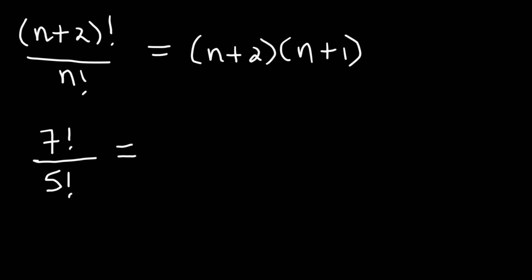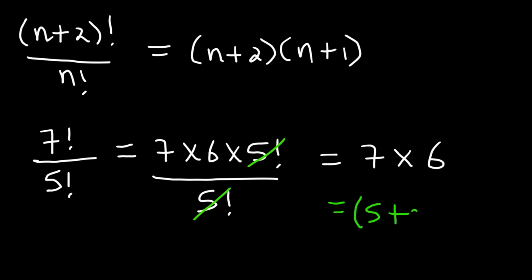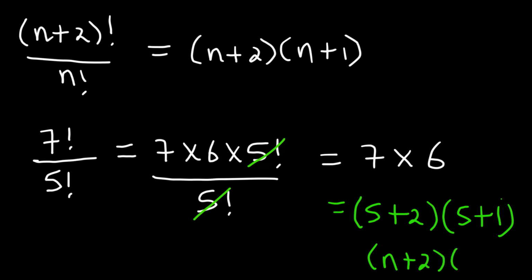Therefore 7 factorial is the same as 7 times 6 times 5 factorial, divided by 5 factorial. This will cancel with that, and so we shall remain with 7 times 6. And notice that 7 is the same as 5 plus 2, and 6 is the same as 5 plus 1, which is the same as n plus 2 times n plus 1.